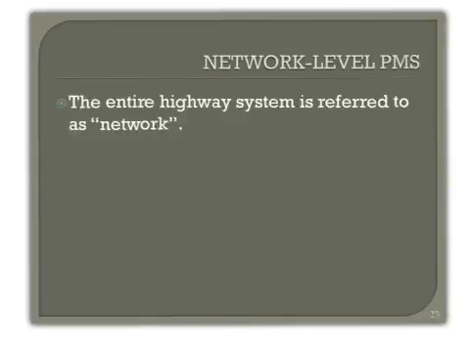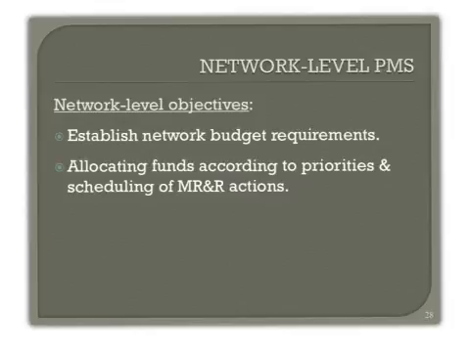So the question here is, when it comes to the network level PMS, the entire highway system is really referred to as a network. So when you hear definitions such as network level versus project level, like what we discussed in the previous chapters, the network indicates that the entire highway agency is covered under that name. So the question would be, what are the major objectives for the network level PMS database? The very first one would be establishing network budget requirements.